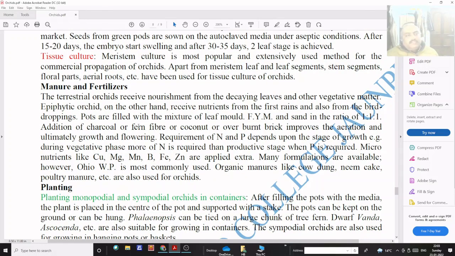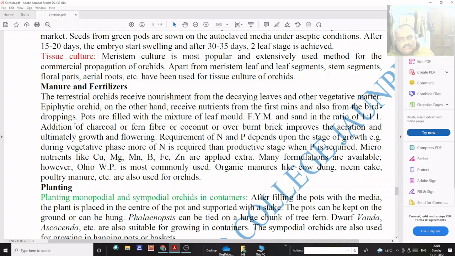As far as manures and fertilizers are concerned, the terrestrial orchid receives its nourishment from decaying leaves and other vegetative matter. Epiphytic orchids, on the other hand, receive nutrients from the first rain and from bird droppings as well.